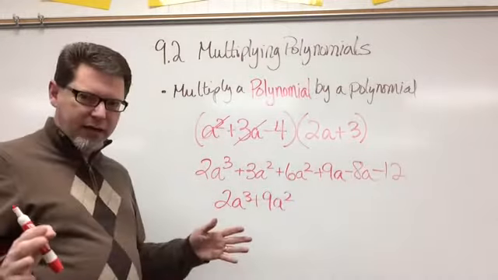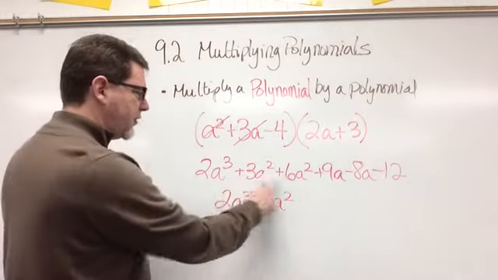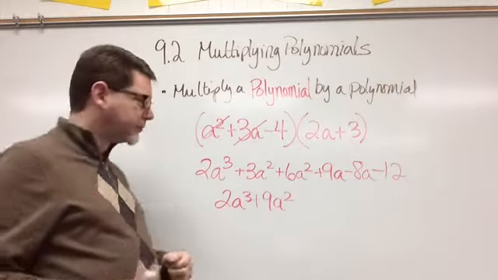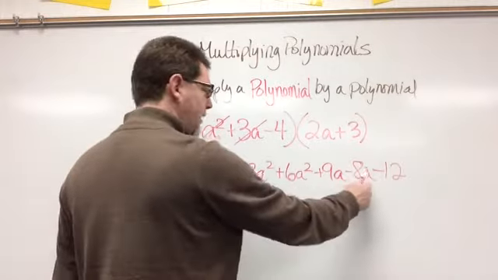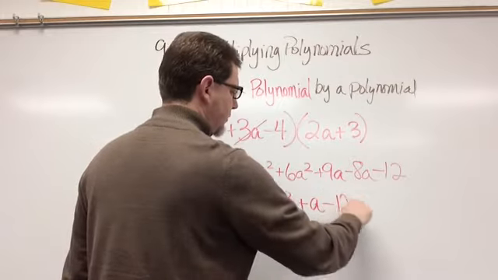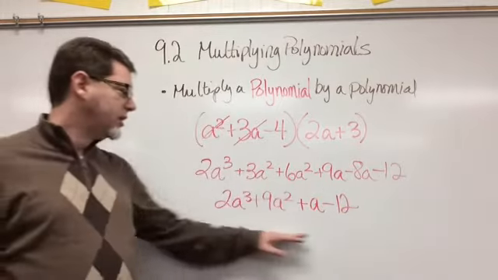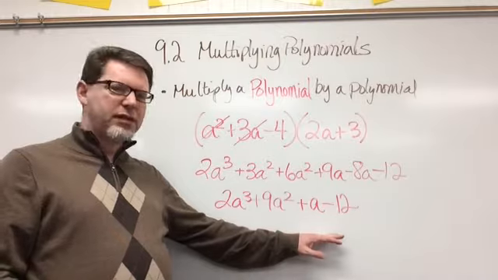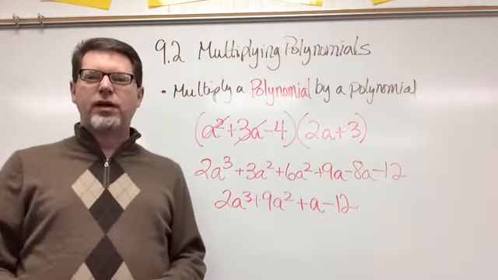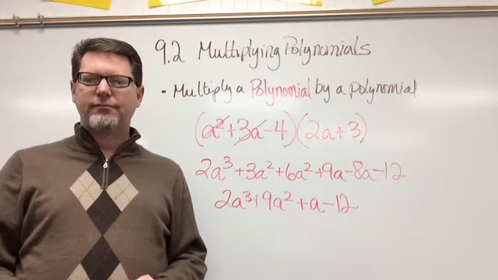Because remember, we're adding now, and so we're adding the coefficients because a squared and a squared are the same. And 9a minus 8a is just plus a, minus 12. So 2a cubed plus 9a squared plus a minus 12 is my final solution.